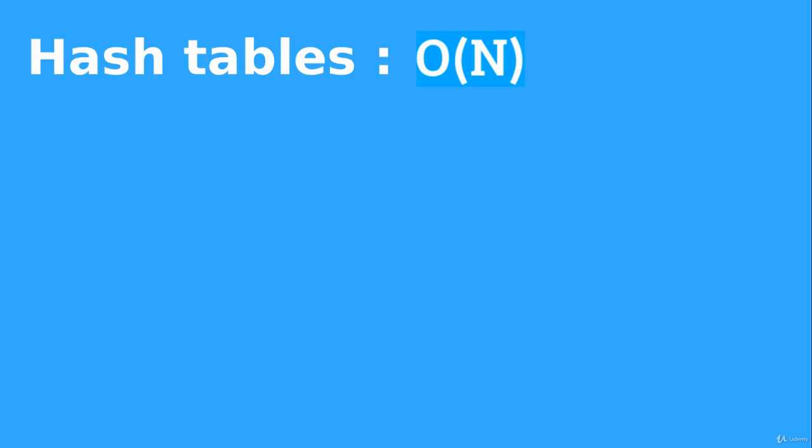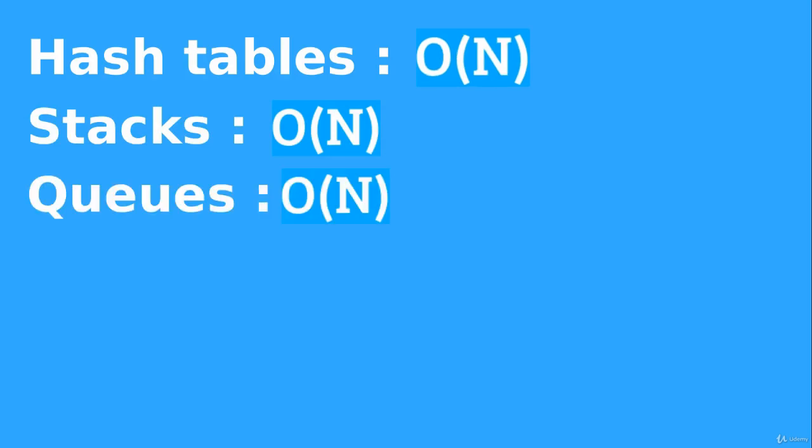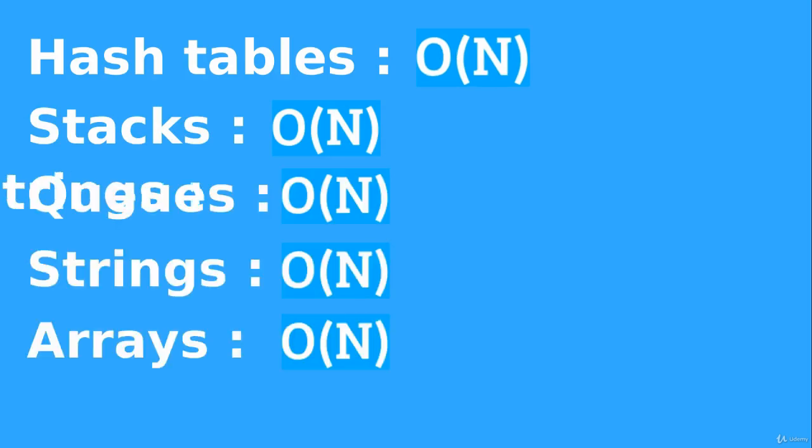If we have n elements, that means we want to have n elements allocated in the memory to actually store them. Same thing for stacks, queues, strings, and arrays. All of these data structures have a linear space complexity because the number of elements needed to be allocated in the memory has a direct linear relationship with our input n.